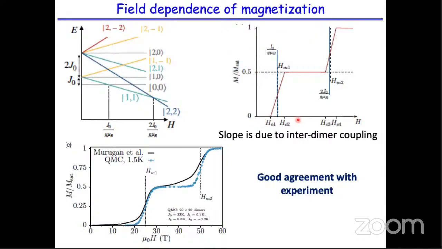That mean field approach gives us the M versus H plot quite nicely, but then we wanted to do quantum Monte Carlo in a more sophisticated way, including the temperature effect. So we do quantum Monte Carlo at 1.5 Kelvin, and because of the temperature there will be a little bit of broadening; the slope will be changed a little bit, and that's what we see. We basically saw that the quantum Monte Carlo result and mean field results are very close to each other if you decrease the temperature to a relatively low value.